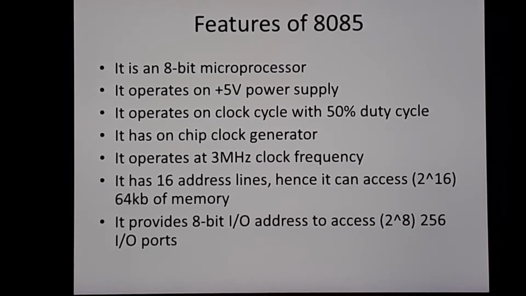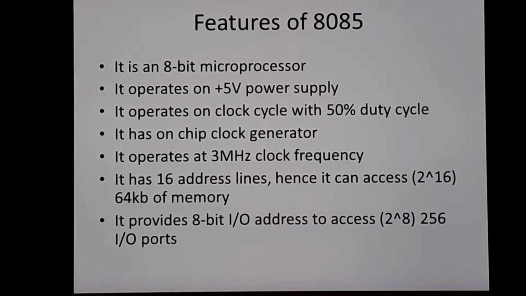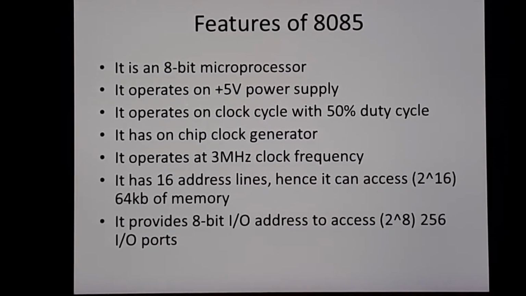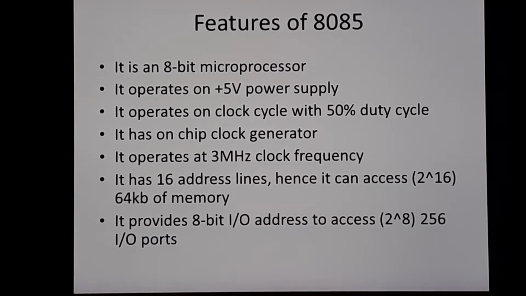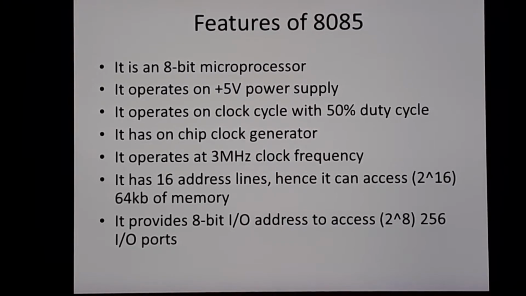Then it provides plus 5 volt power supply, that is the wattage of this particular power supply is plus 5 volt. The kit which I had shown you all in 11th standard is nothing but the 8085 kit. We'll be seeing it when the next practicals start. Third feature is it operates on a clock with 50% duty cycle.